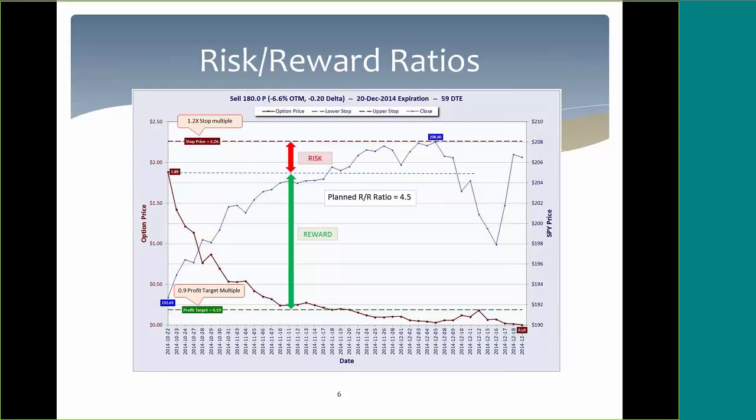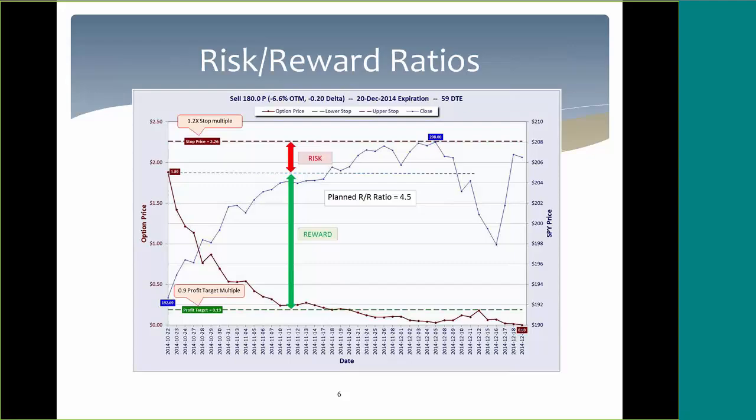Now, you can use a higher stop multiple, a 1.5, and then maybe set your profit target multiple at 0.8, for example. You'll have a lower risk-reward ratio, but there may be some reasons you want to do it. But your position, of course, is going to be sized based on risk.